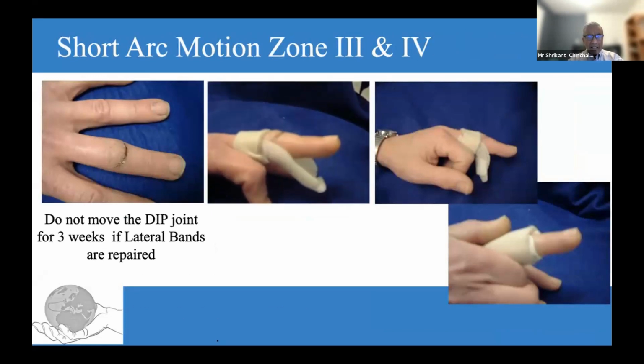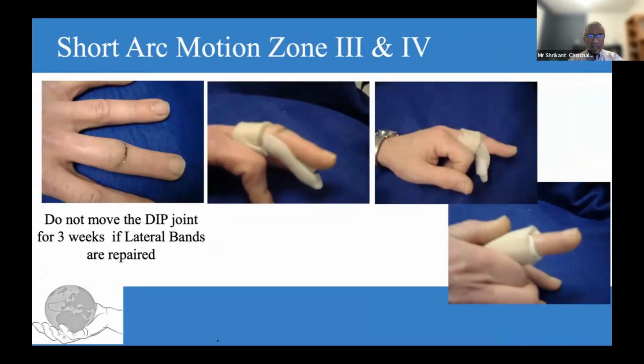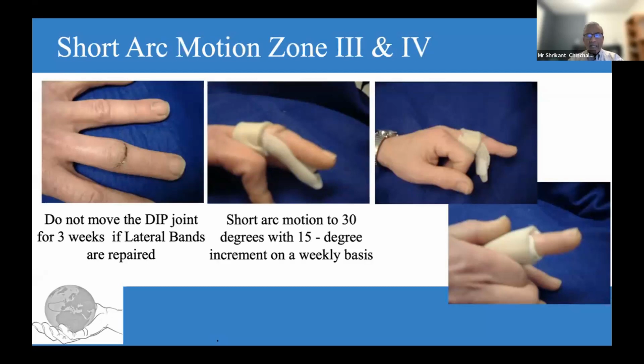We can give them a template splint, as you can see right here. We encourage the patients to perform active flexion and extension of the PIP joint, flexion limited to only 30 degrees in the first week, and then 15 degrees increment on a weekly basis. But keep in mind that if the lateral bands are repaired also, we need to maintain the DIP joint in neutral as well.